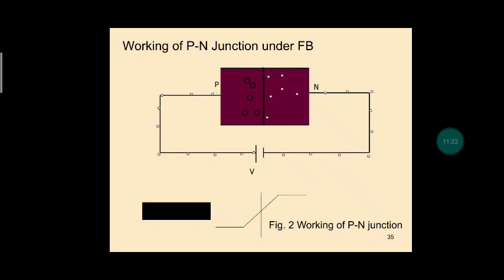So this is the diagram for PN junction diode forward bias. With the motion of electrons and holes, the depletion region is formed in the center. There are immobile ions, so we cannot change the depletion region ions. There is a motion of electrons around the device.